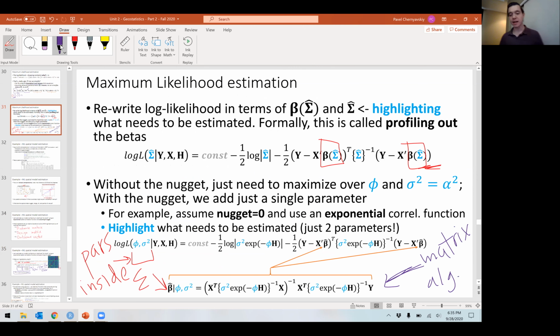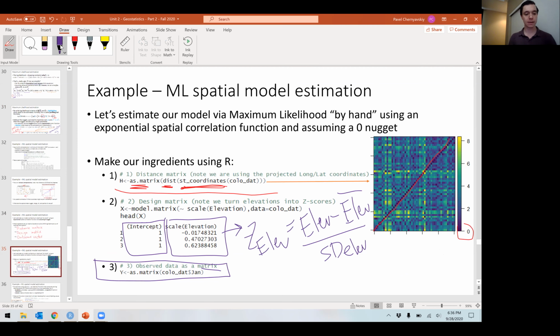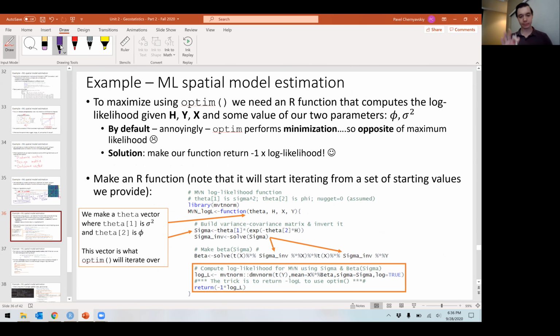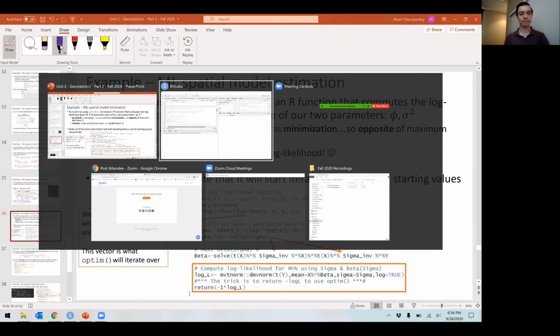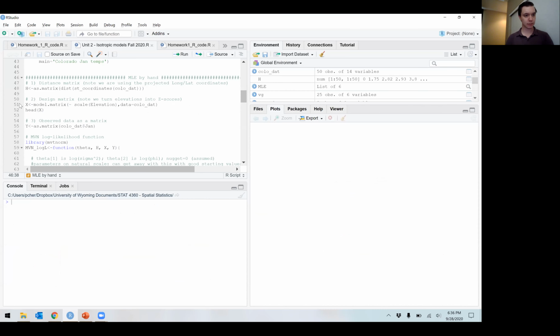All right, matrix algebra happens here, right? So for this multiplication specifically to work right there, I need to cast Y as a single column matrix. Okay, let me flip to R. Here are all of my ingredients.